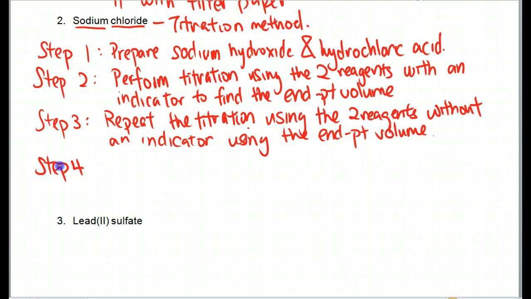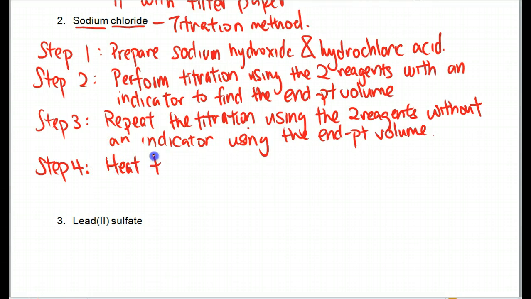Now in step 4, after you've done the titration in step 3, you have obtained the sodium chloride solution. So for step 4, we're going to do the crystallization method.